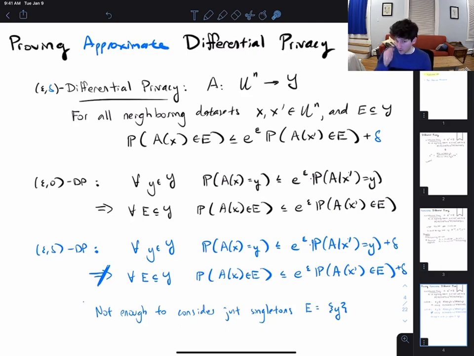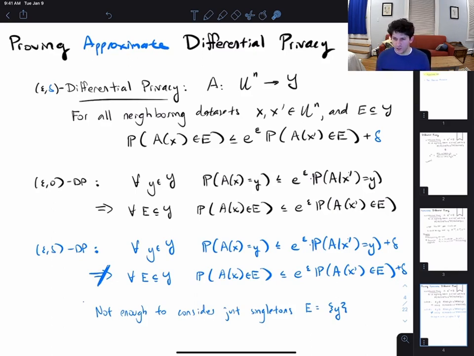So we could have equivalently defined epsilon 0 DP in terms of these single outcomes Y. It's very important to remember that that's not going to be true for epsilon delta DP. If you can show that for every individual outcome Y, the probability of getting Y under A of X is smaller than e to the epsilon times the probability of getting it under A of X prime plus delta, that does not imply the definition of epsilon delta differential privacy.